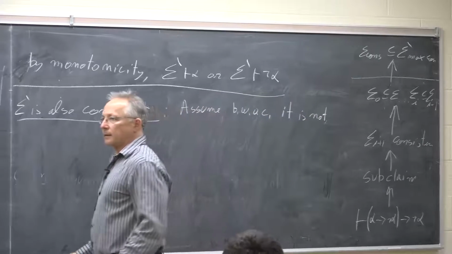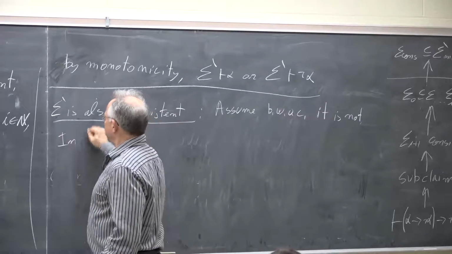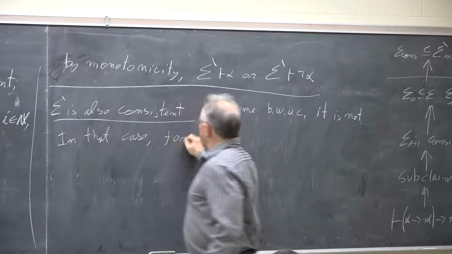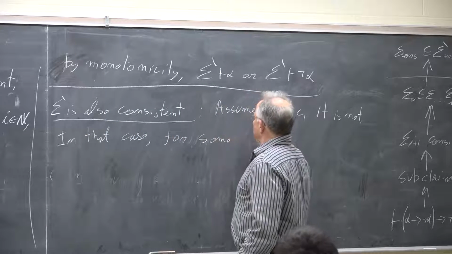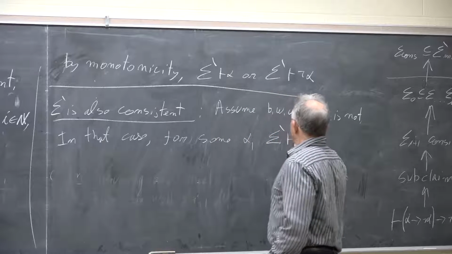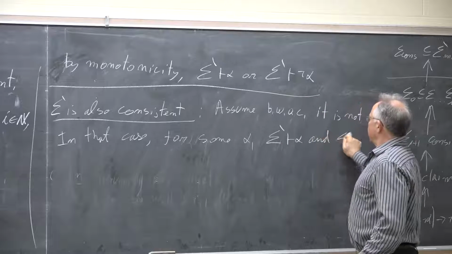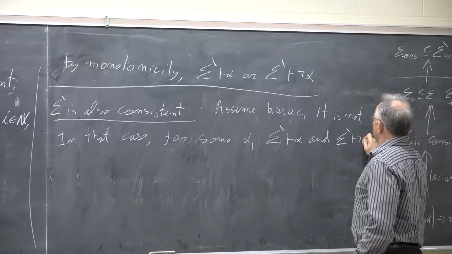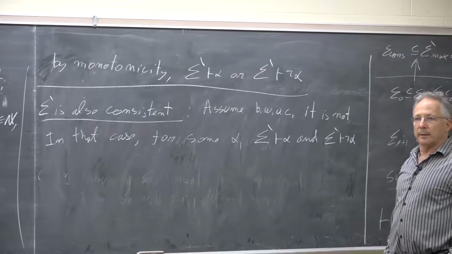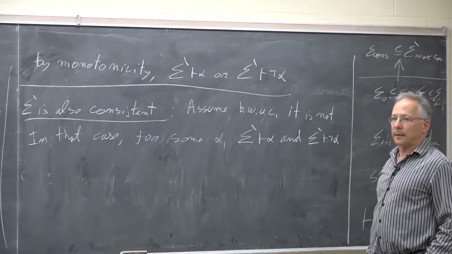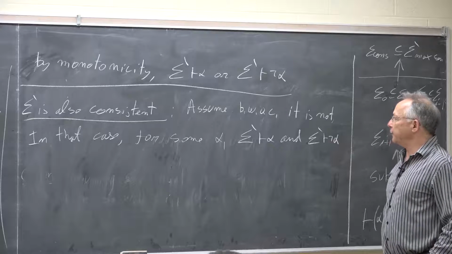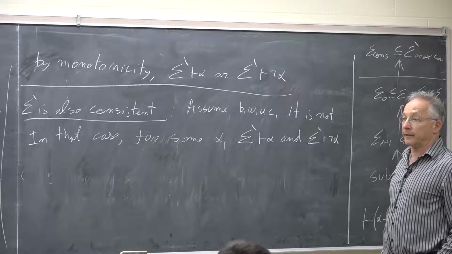In that case, for some, let's call it alpha, sigma prime proves alpha, and sigma prime proves neg alpha. Now I'm going to use the fact that every proof is finite.